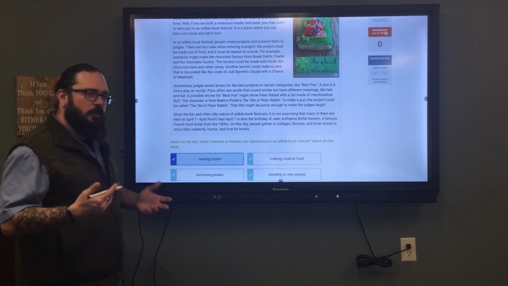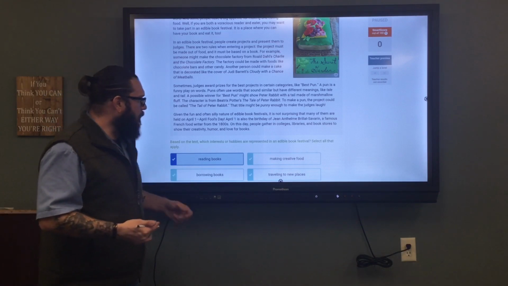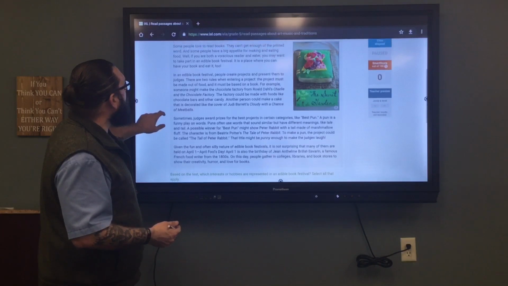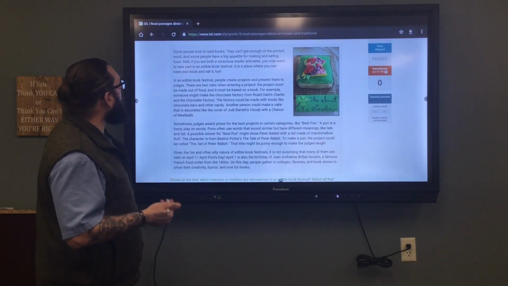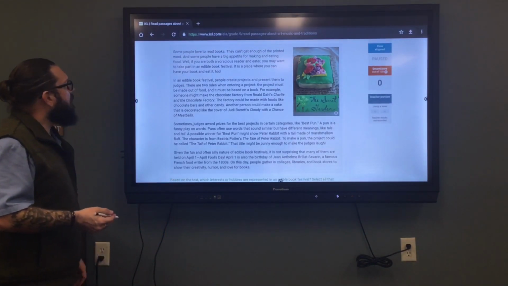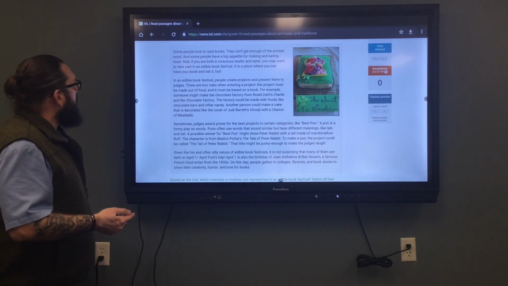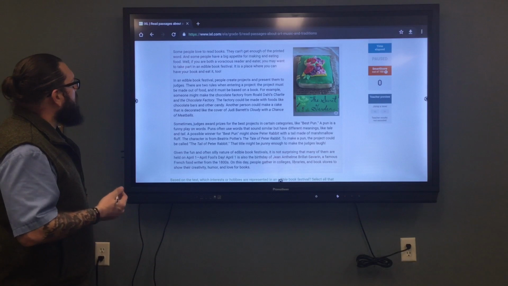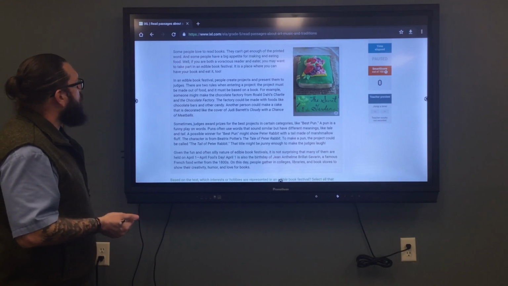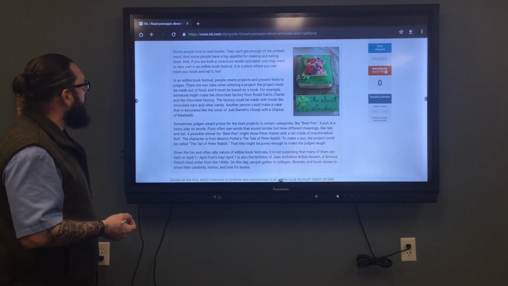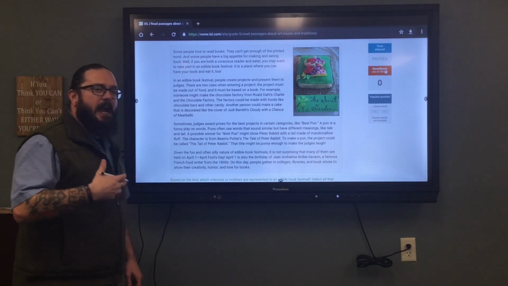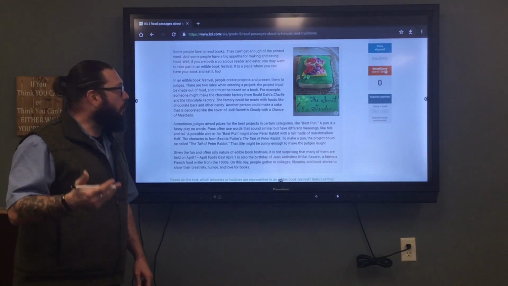Making creative food is our next option. Again, we do not have to go very far. It's in the first paragraph. It says, well, if you are both a voracious reader and eater, you may want to take part in an edible book festival. It is a place where you can have your book and eat it too. And then the second paragraph goes on to explain how an edible book festival works.